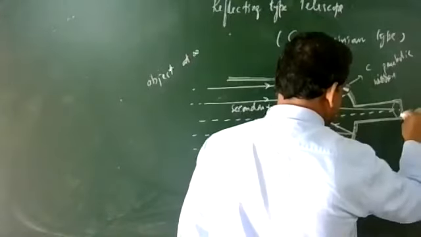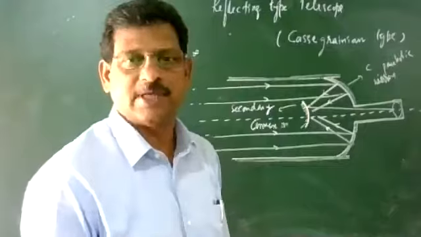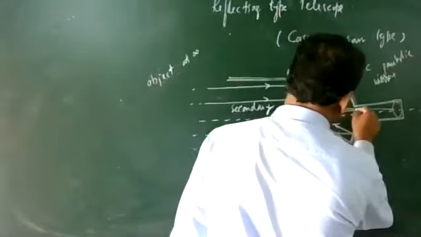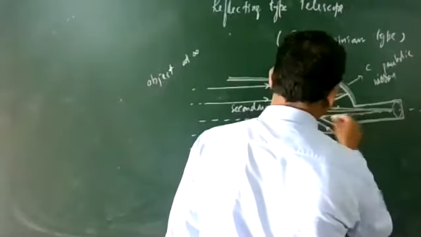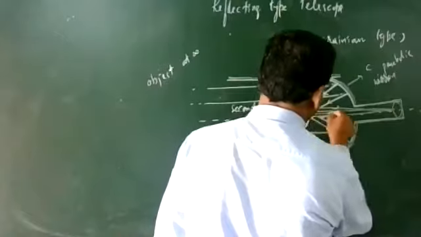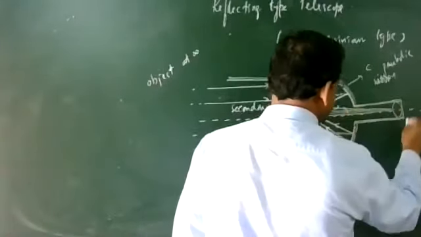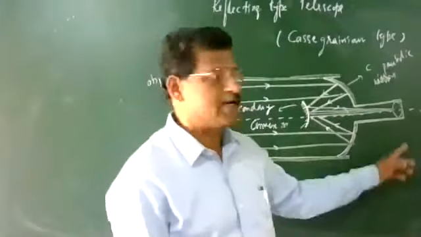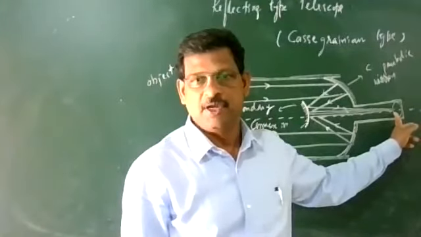For more clarity, a concave lens also will be in contact with that. So the rays finally meet this eye lens, and the final image can be formed at infinity or at the least distance of distinct vision by adjusting this.